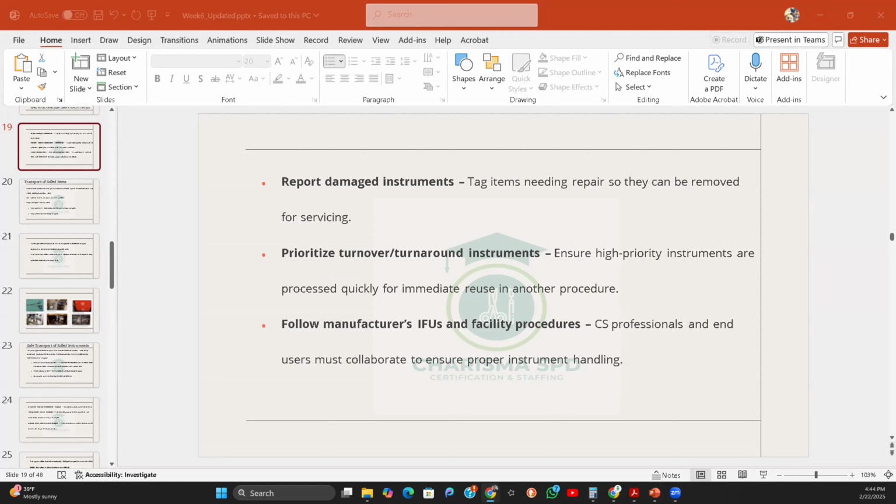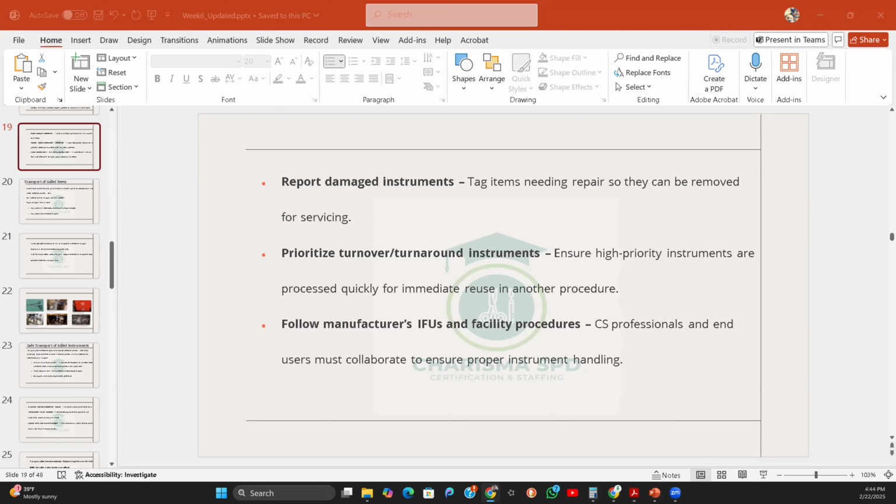So, as a guiding principle in point of use preparation, we have to separate turnover instruments from the rest of the instruments. You prioritize those ones, tag them, and communicate to the rest of the team so that it can be given the urgency that it deserves.